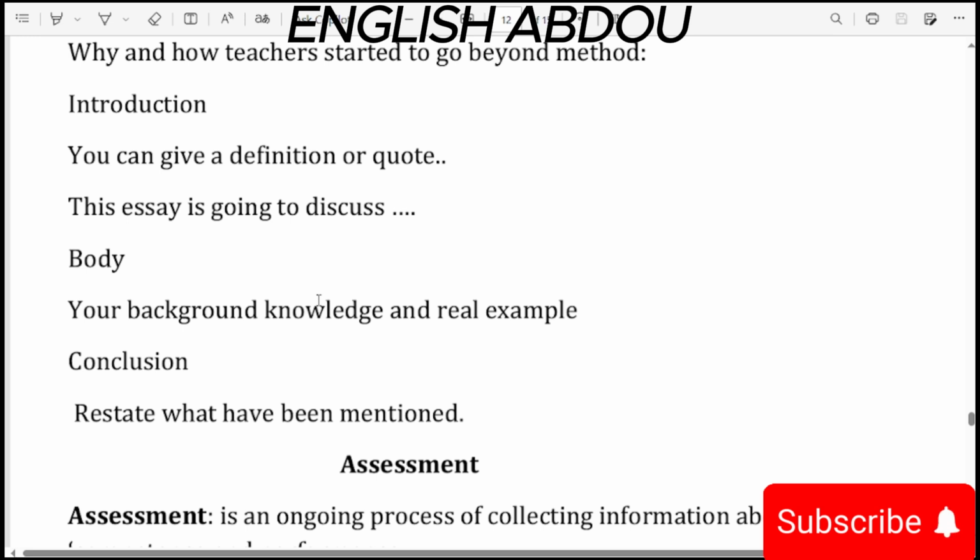While the direct method gives instruction from the beginning in the target language without translating the words. For example, the teacher explains in English and uses English, and so on. This is how. Conclusion: you just have to restate what has been mentioned.